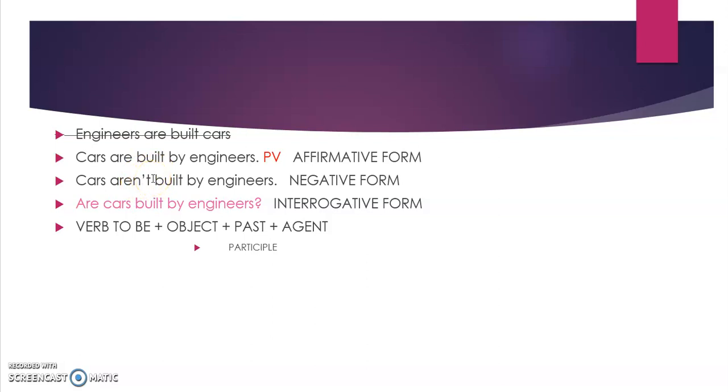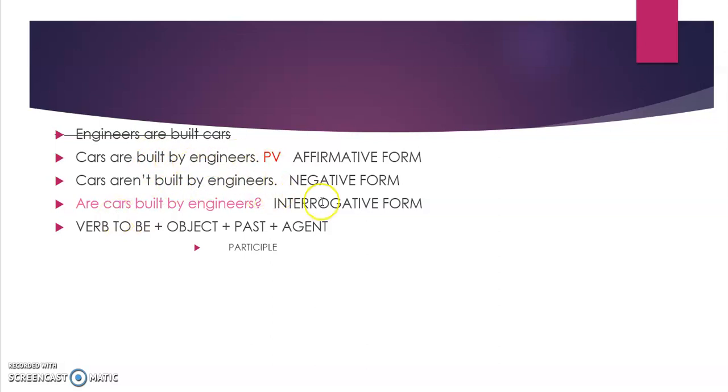That's all. You don't need to change or write other words. Only you need to add not, and the verb in past participle is the same. By engineers is the same.